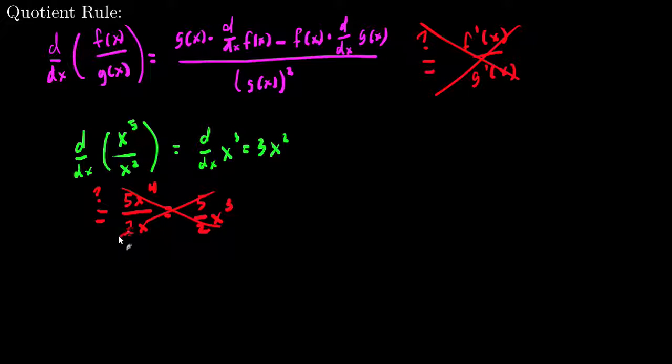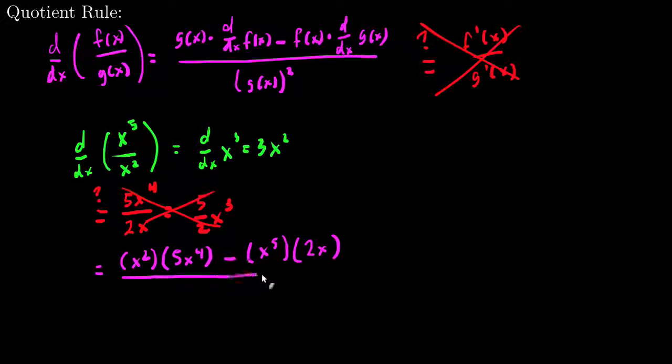But if I used my rule here, low times the derivative of the high, so I have x squared times the derivative of the upper, which is 5x to the fourth, minus high d low, upper times the derivative of the lower, so x to the fifth times 2x, all divided by the lower squared, so that's going to be x squared squared.